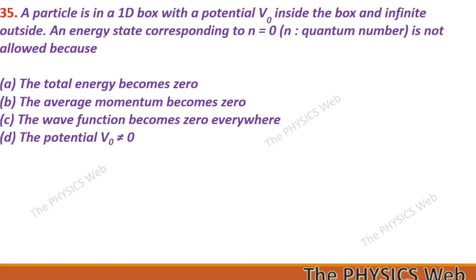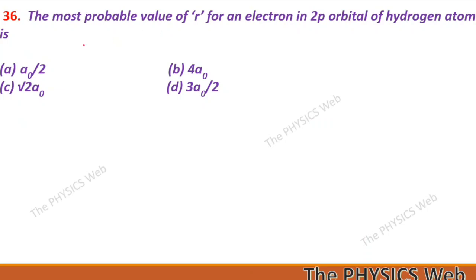Next, 35. A particle is in a 1D box with a potential V0 inside the box and infinite outside. An energy state corresponding to n equals 0 is not allowed because the wave function becomes 0 everywhere. Okay, so C is your correct option. Next, 36.